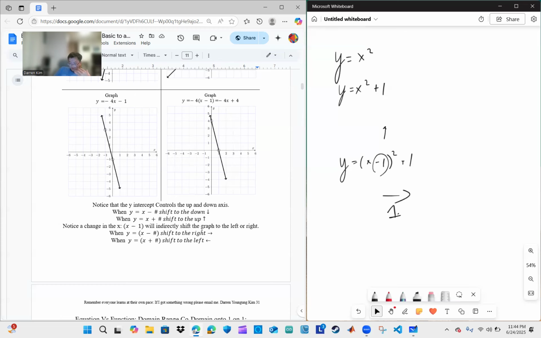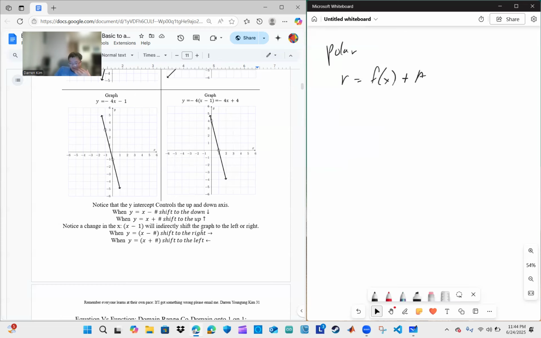If you do it in polar coordinates, if you do r equals some function and you add a, you actually do a radial push. It's pretty cool.